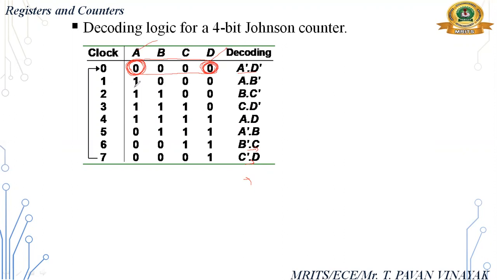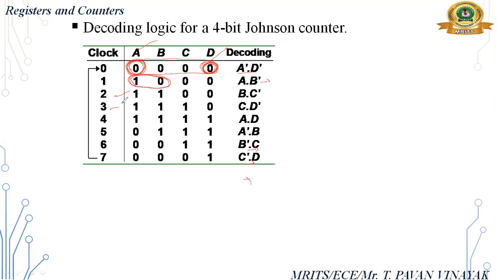To identify 1000, I am considering these two states. See, does 10 occur anywhere else in AB? No. So this identifies the first state, A B bar.